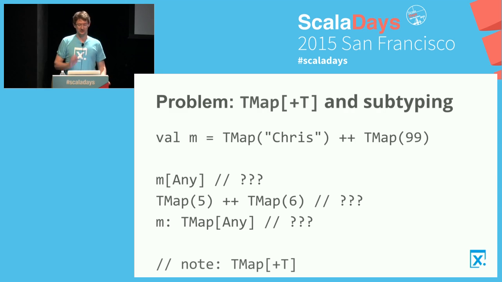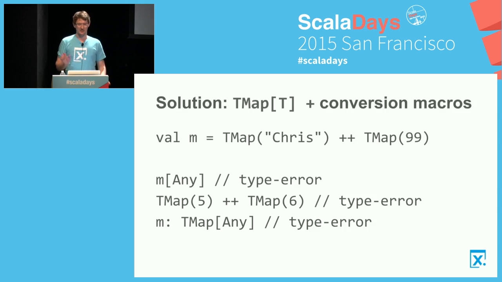But the solution to this would be making them invariant, but having conversion macros that do only the conversions that are valid. So you exclude certain cases that aren't, and this way you can use intersection types really as type sets. Because just like this, we're kind of misusing them, right? They don't have only the property that you can throw them together into something. They also have the subtyping relationship, which is the problem.